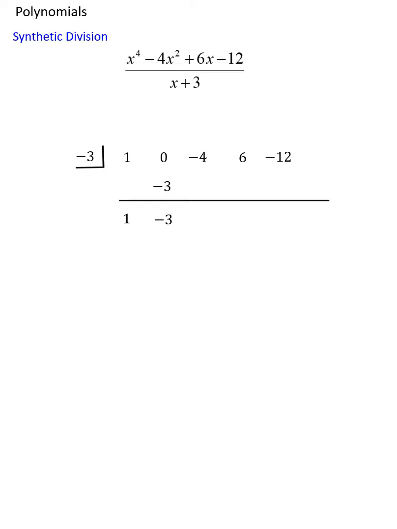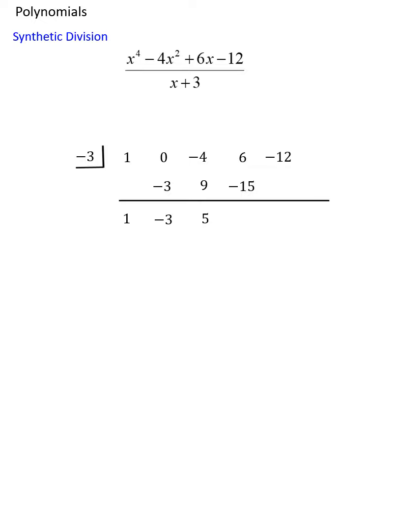All right, the process continues. Every time you add a column and get the result, you multiply that result by the corner number. So red times red, -3 times -3, +9. And you continue along in the same fashion. Adding the column, and then multiplying that result by the number in the corner. -3 times 5, -15.